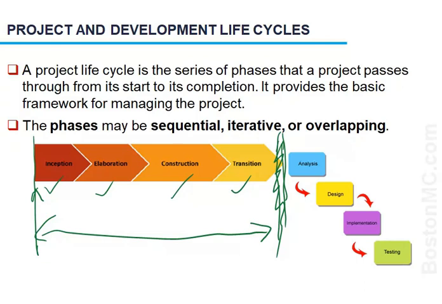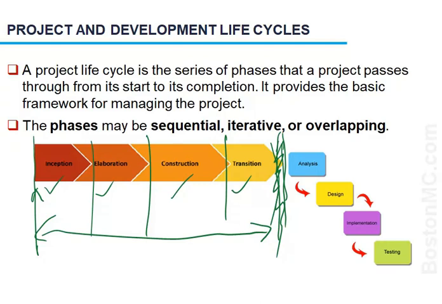So we see that in that life cycle there are going to be phases. A phase is a significant portion of the project, and it represents an achievement, an accomplishment, or something that is of importance to the organization. It represents that a technical piece has been completed from that project.